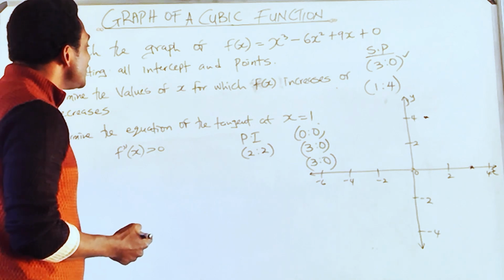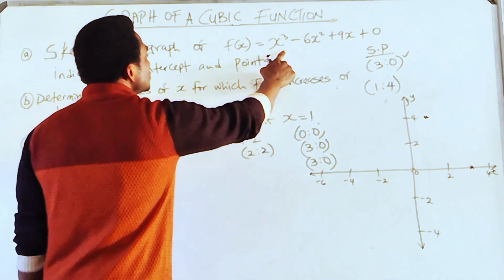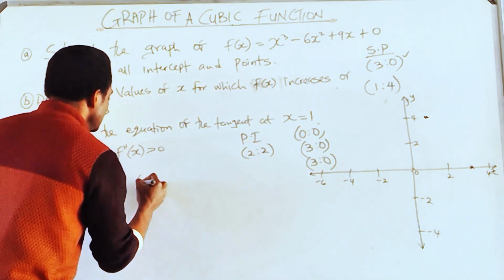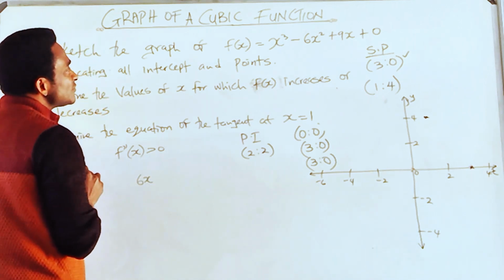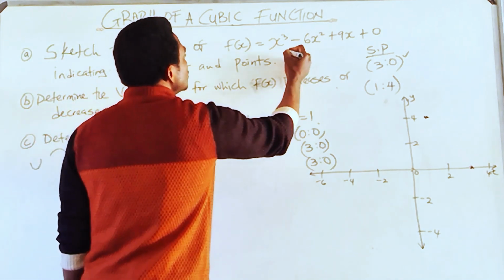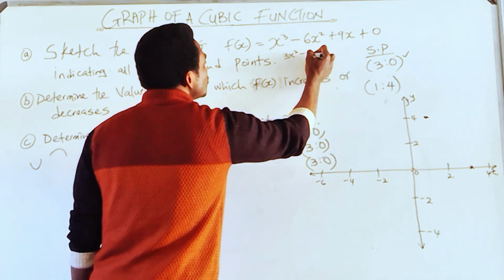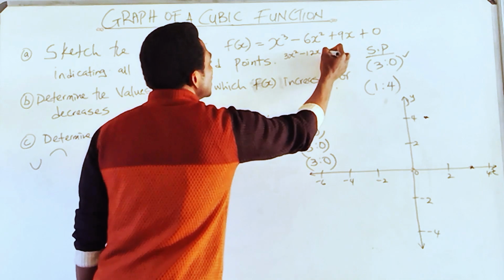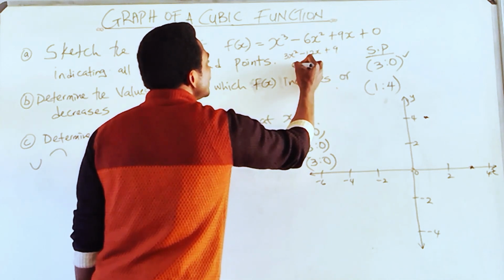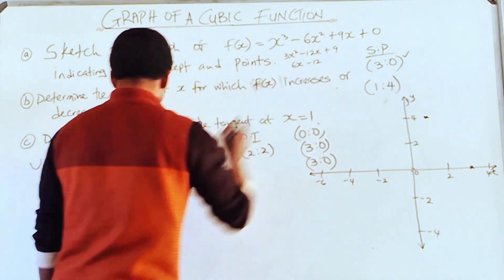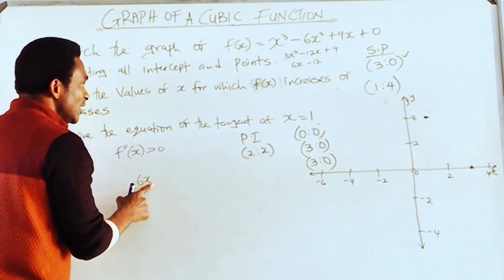Our first derivative was 3x squared minus 12x plus 9, and the second derivative is 6x minus 12.